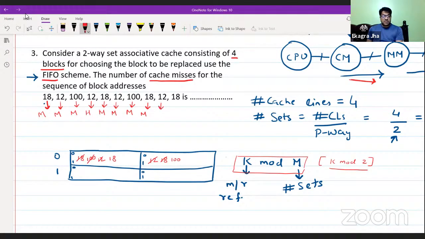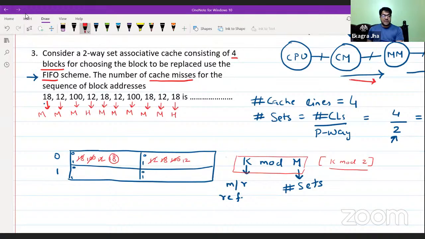Again, next time, the memory reference 12 is going to override 100. Okay. But as it is not in the cache memory block, this is a miss operation. Now, the last but not the least, 18. 18 is already present in here. Hence, it is certainly a hit operation.